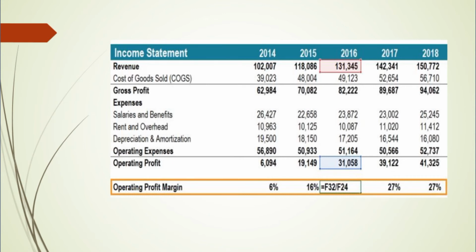In 2018, 150,772, and operating profit is 41,325, and the operating profit margin is 27%.